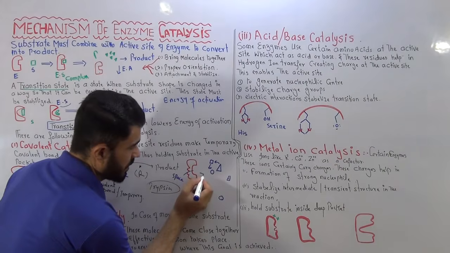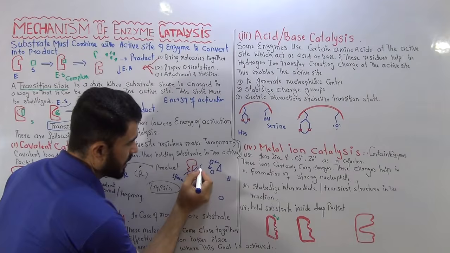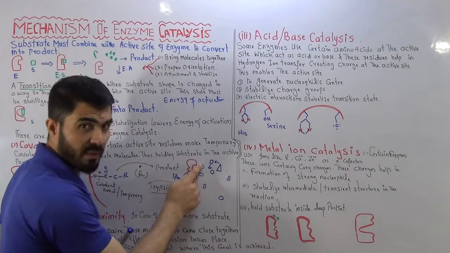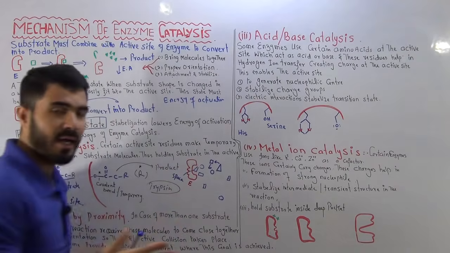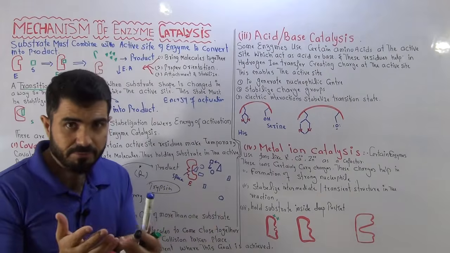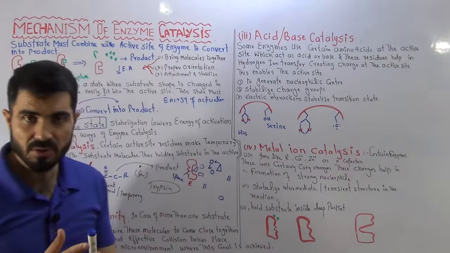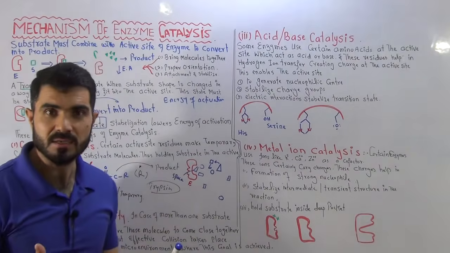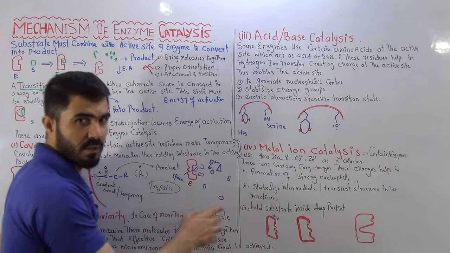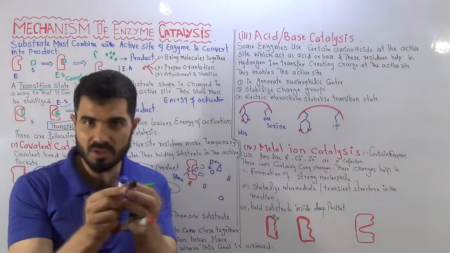One molecule is here, another here, and another here. Now the three different substrate molecules are close together enough. They are properly arranged. In the beginning, when they were not properly arranged, there was no chance of collision with one another. Molecules must collide with each other.